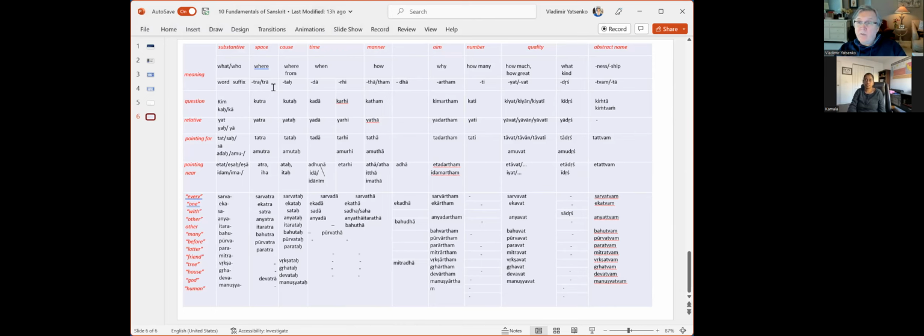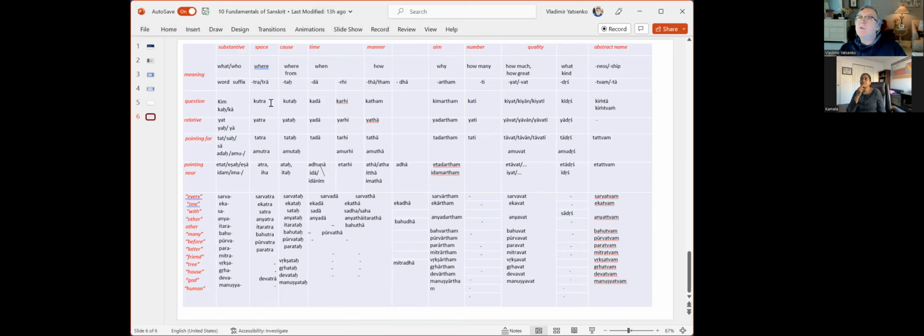When it is used with the verb to be, then it is always location. When it is used with the verb to move, it is always pointing where. So kutra has two meanings. Kutra tishthati, where is he staying? Or kutra gacchati, where does he go?